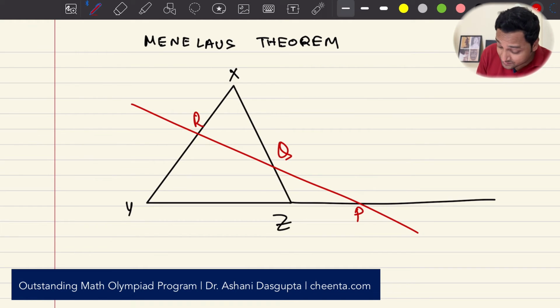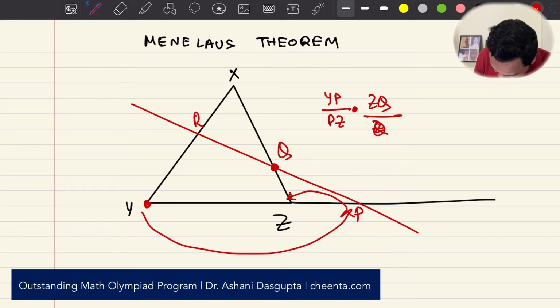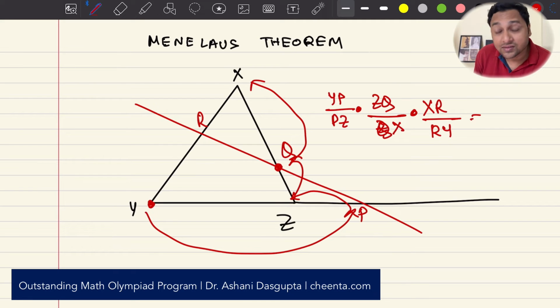Then the Menelaus theorem says that you can start at any vertex: YP by PZ times ZQ by QX times XR by RY equals 1.